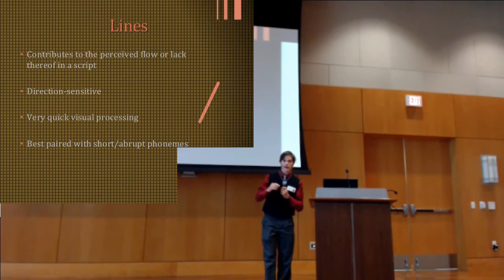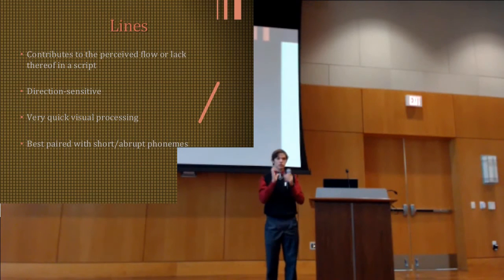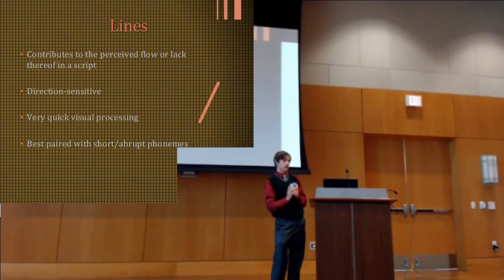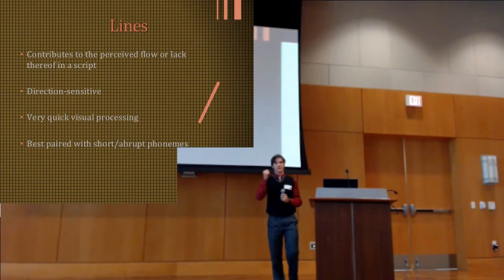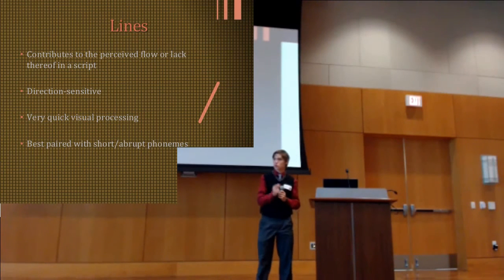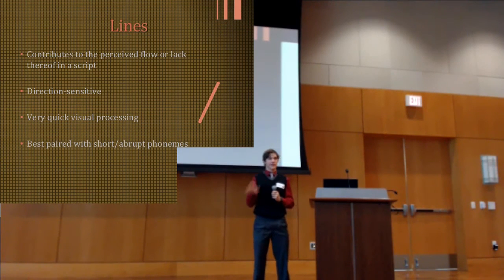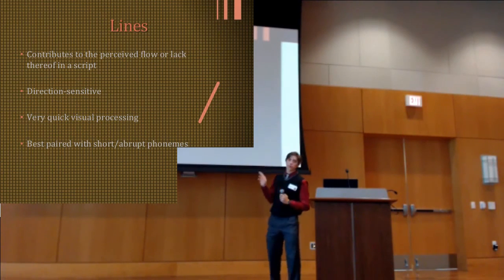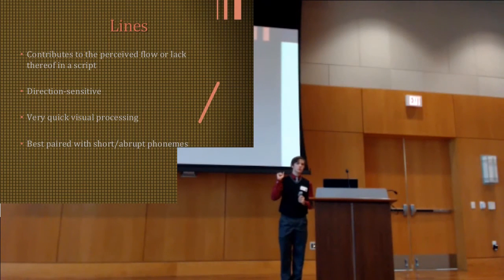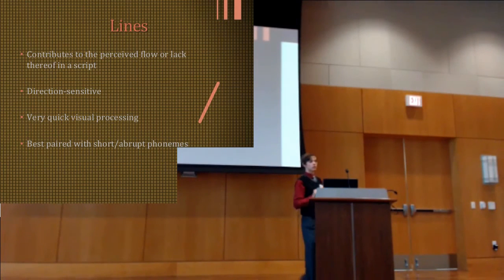So if you have an individual letter, a grapheme, that takes less time to process, then you're going to spend less time sub-vocalizing that particular phoneme. And if you have phonemes that are particularly fast in your language, then you might want to consider having your letters maybe not entirely composed of straight lines, but you should lean towards using lines in those particular characters.